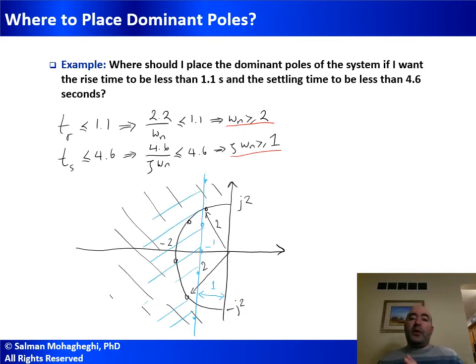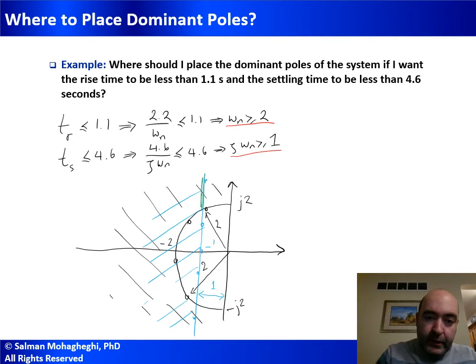Now, if I want these conditions to be met simultaneously, the ideal location for my dominant poles is somewhere that is both outside of that half circle and to the left side of that vertical line, which, let me use a different color, is going to be somewhere here.